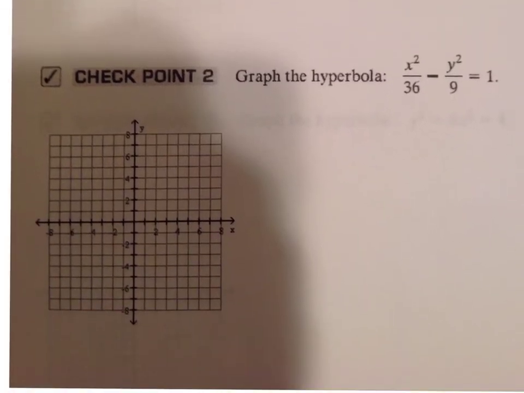Okay, checkpoint 2. Still got a horizontal hyperbola. You would have it at 6, 0, negative 6, 0, and 3, negative 3. Draw the box in.